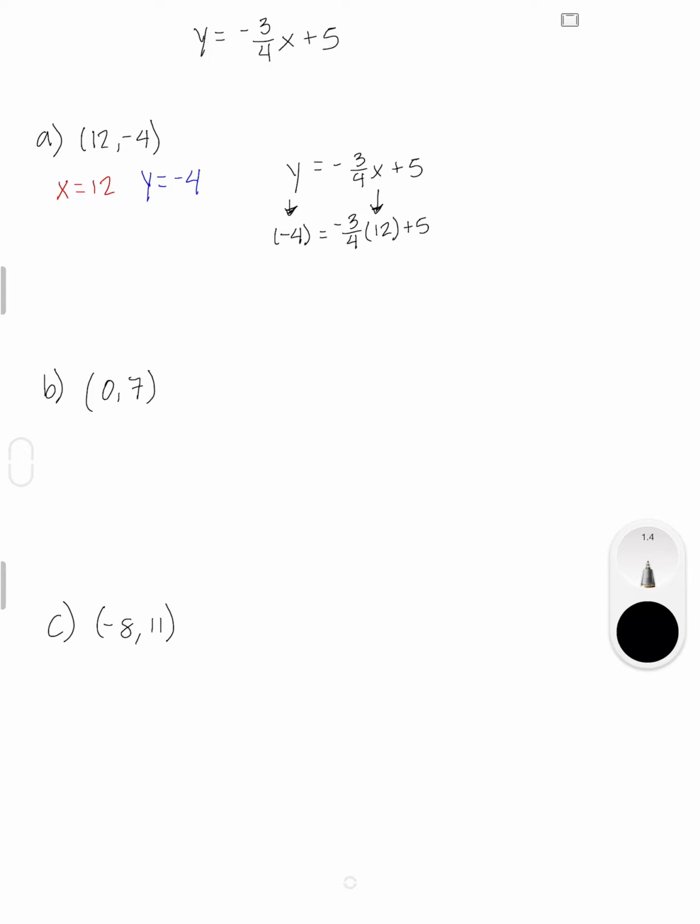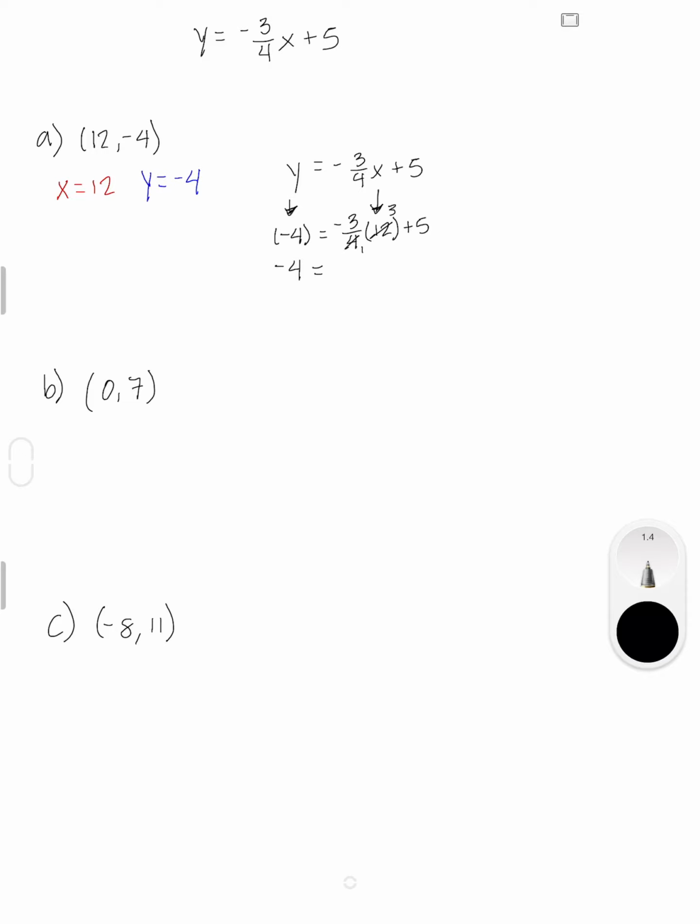Okay, so my left side of the equation is going to stay the same, so just -4. However, on the right one, I can see that I have -3/4 times 12. I can actually reduce the 4 and the 12 by 4, so this becomes 3 and this becomes 1.